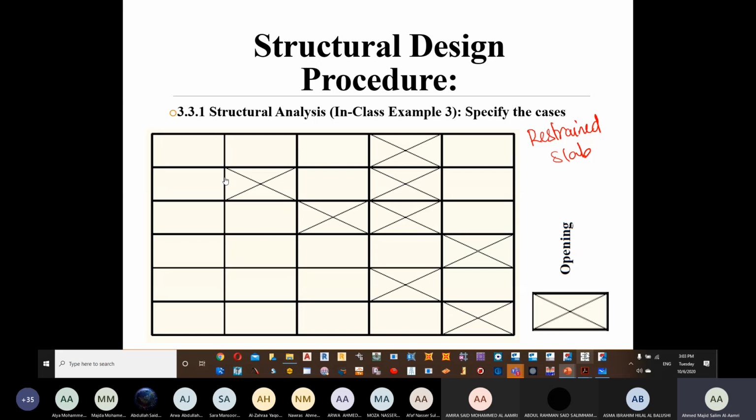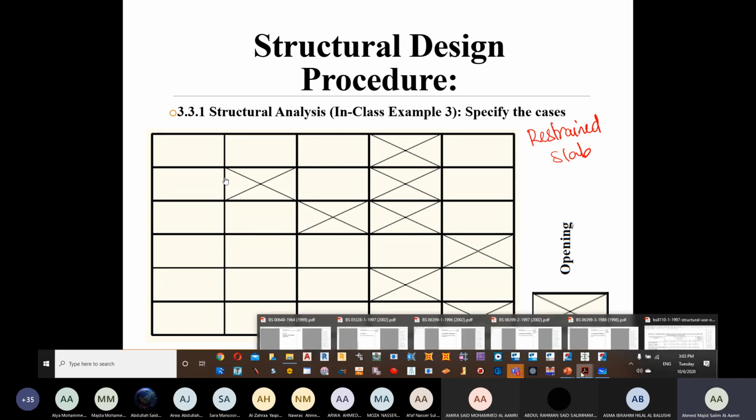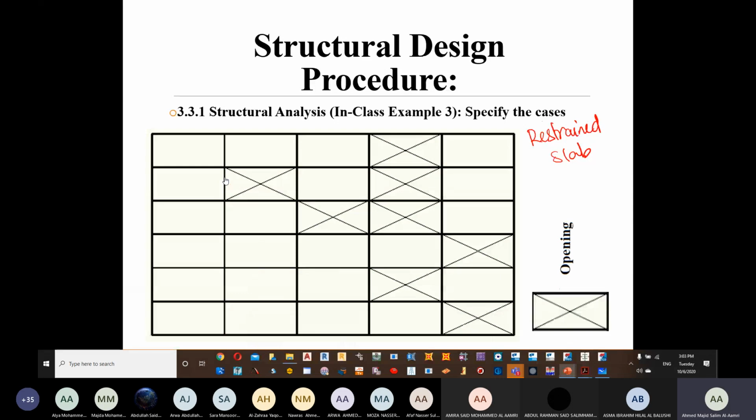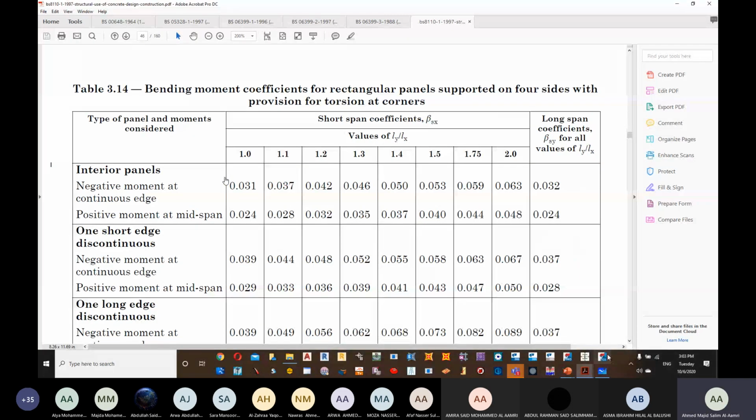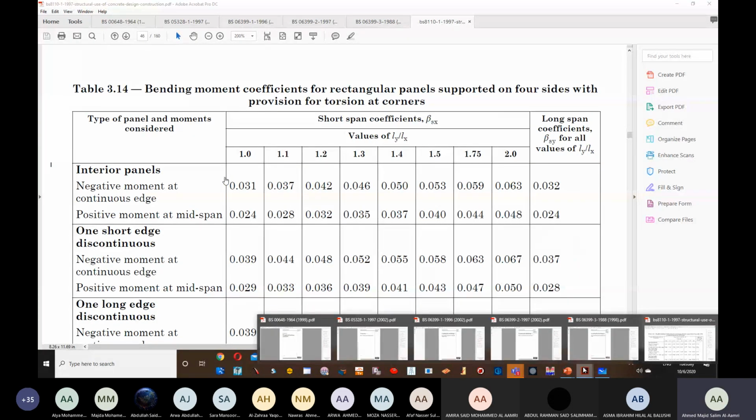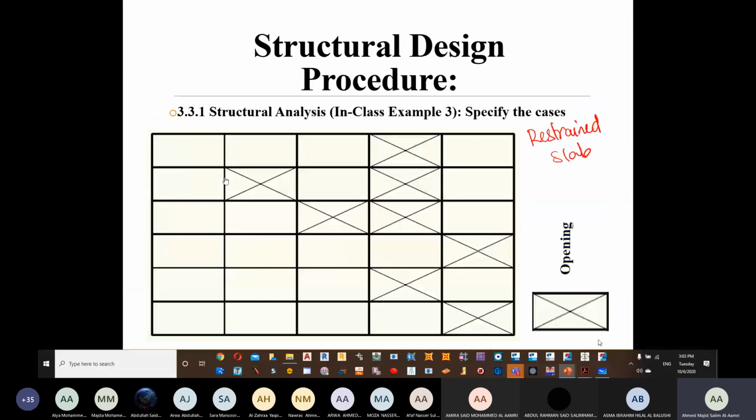So when I talk about the first type, interior, it refers to the fact that the slab is surrounded from all sides.